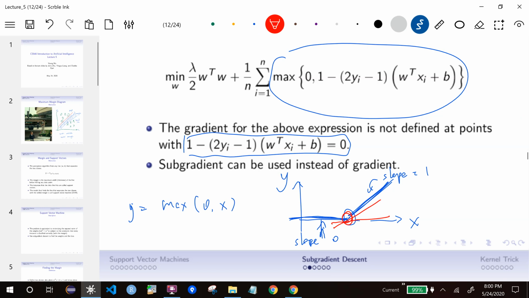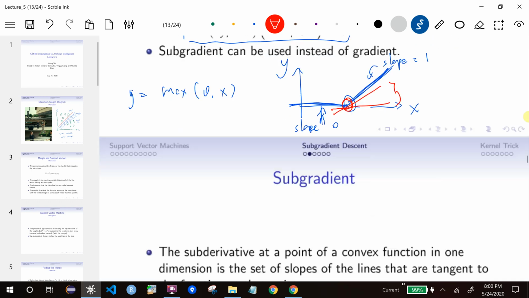We are just going to say we use any one of these. And again, we give it a fancy name: these slope-like things are called subgradients. In one dimension it's called a subderivative, and in higher dimensions, a subgradient.